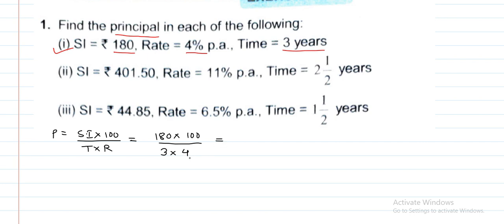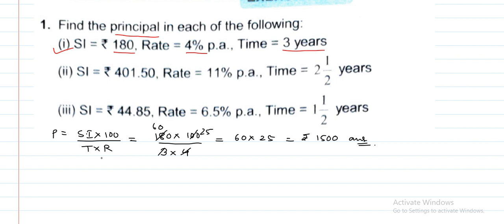Now we will solve it. Cancelling, 3 into 60 is 180, and 4 into 25 is 100. So 25 into 60 comes to rupees 1500. This is our answer. Students, isn't it very easy? I hope you can solve the other two bits on your own.